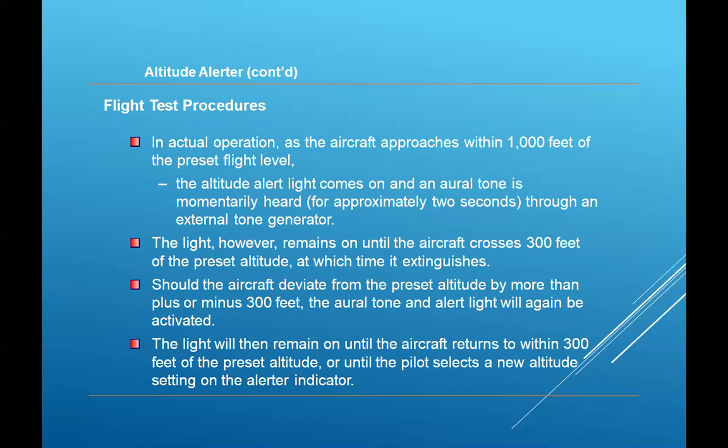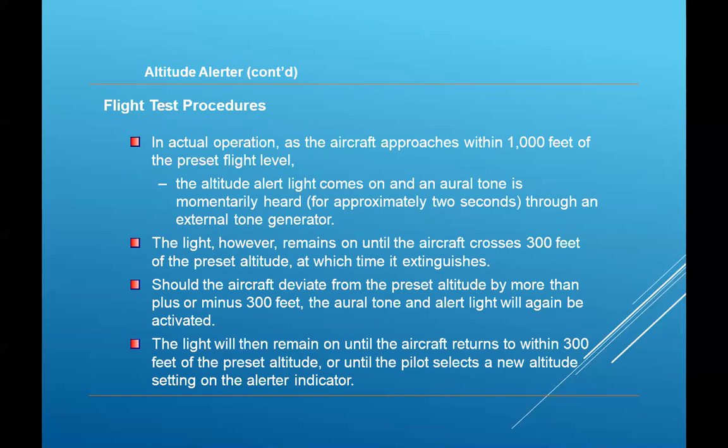So, flight test procedure in actual operation: as the aircraft approaches within 1000 feet of the preset flight level, the altitude alert light comes on and a tone is momentarily heard through an external tone generator. The light, however, remains on until the aircraft crosses 300 feet of the preset altitude, at which time it extinguishes.